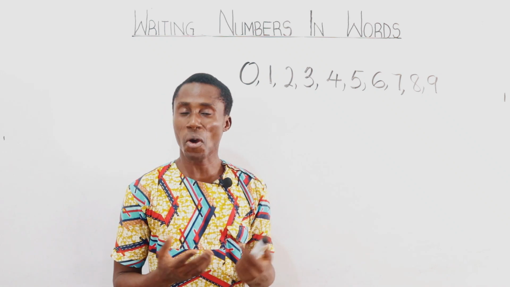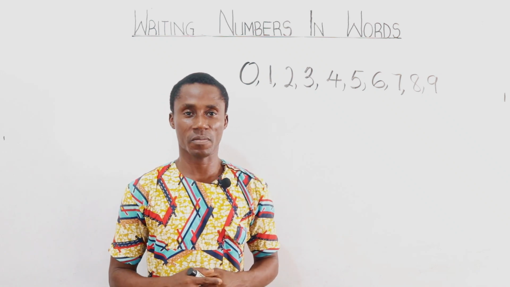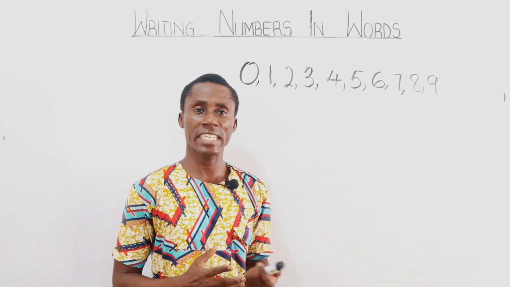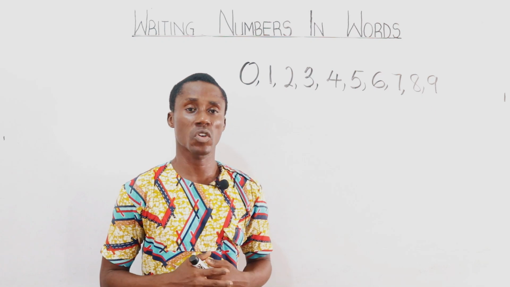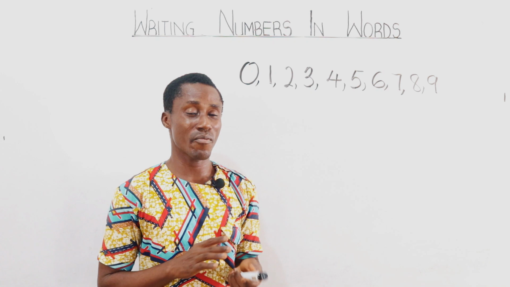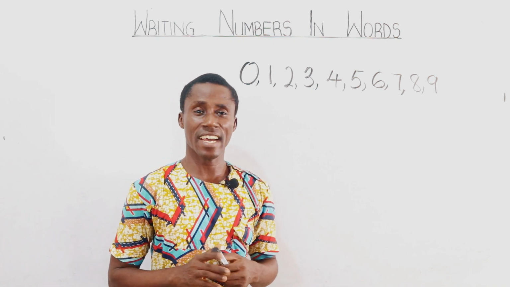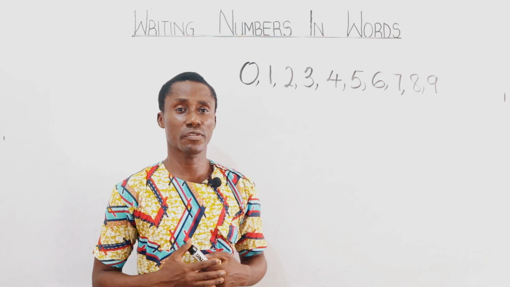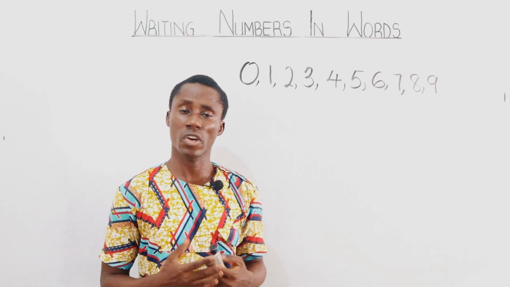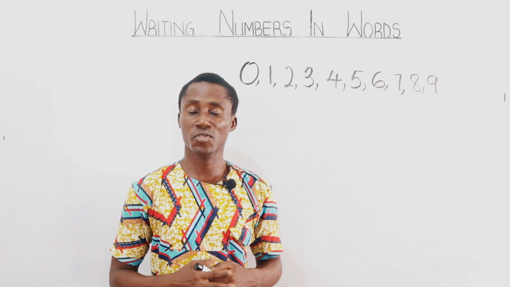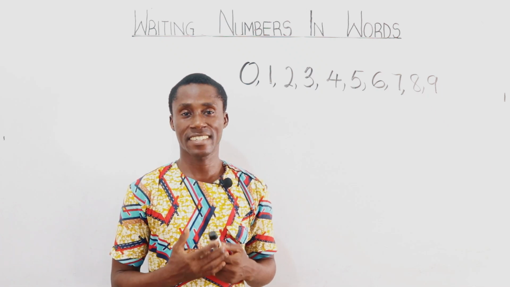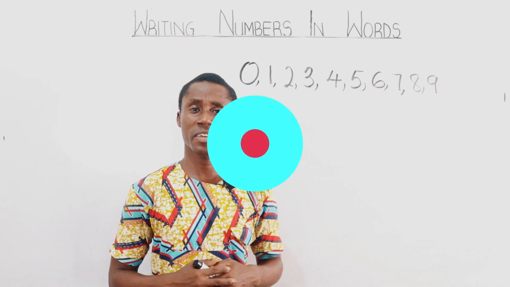Well, we also call them numbers. And we can use them to write any number that we want to write. But there are many other times that we prefer writing numbers using words. And that is what we are coming to learn in this class. Let's begin.